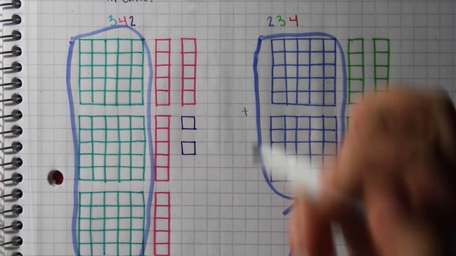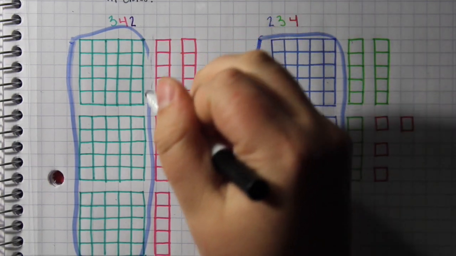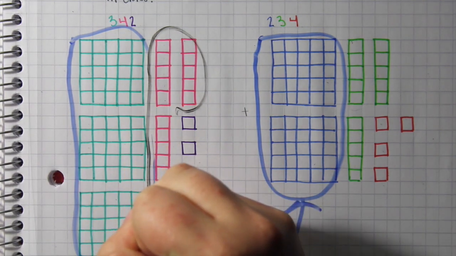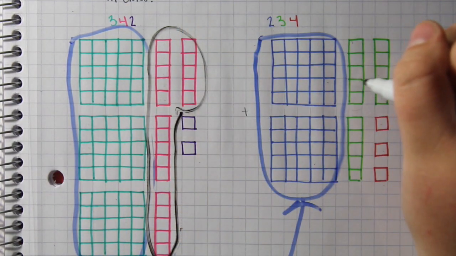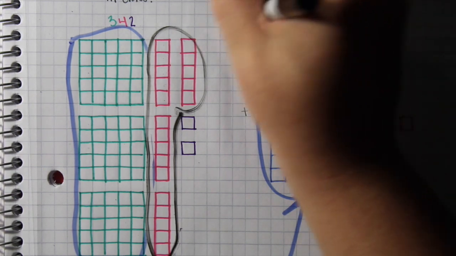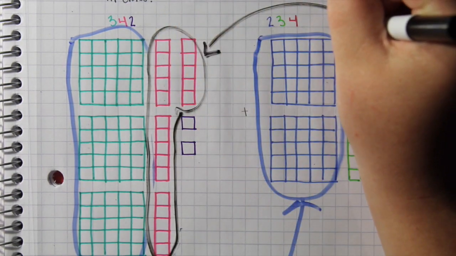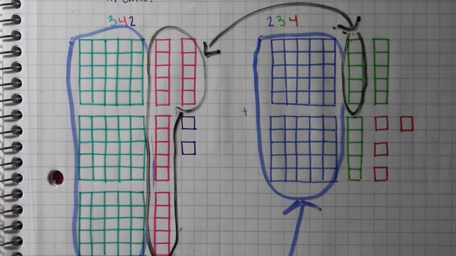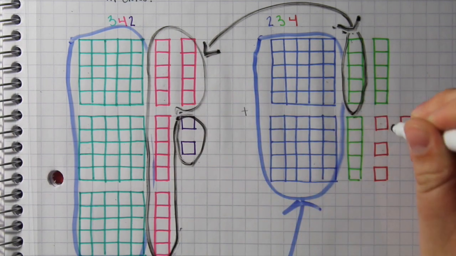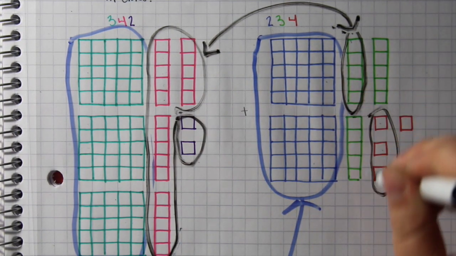Then I recognized that I could make another flat by combining the 4 rods from the 40 in 342 and the 1 rod from the 234, because again, we need 5 to create that flat of 100. And then finally, I decided that I could make 1 more rod with those blocks.